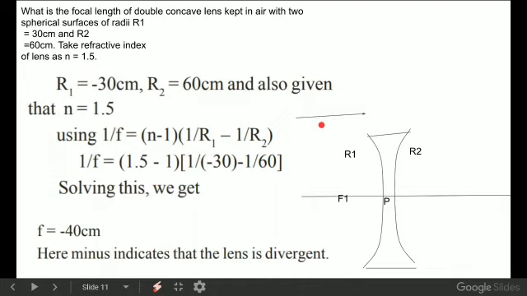So we must take it positive. So here substitute these values, then we will get F equals to 40 centimeters. Okay, R1 we have taken negative, R2 as it is positive, then F value will be calculated as minus 40 centimeters. This minus symbol here represents that this given lens is diverging lens or concave lens.